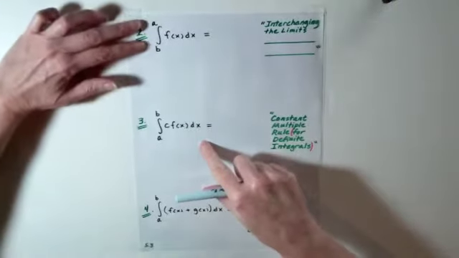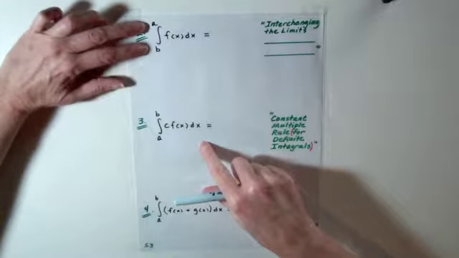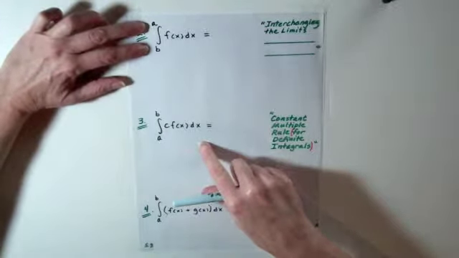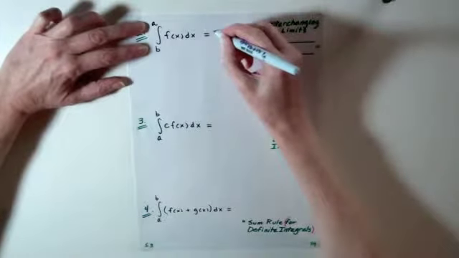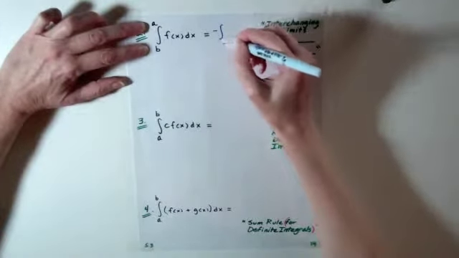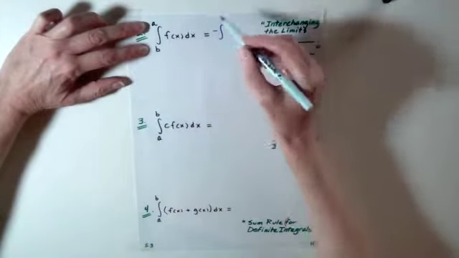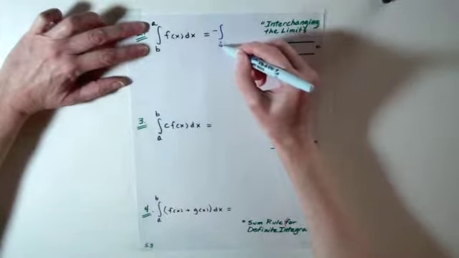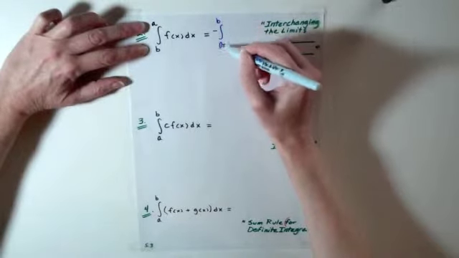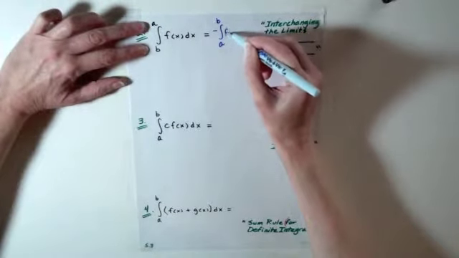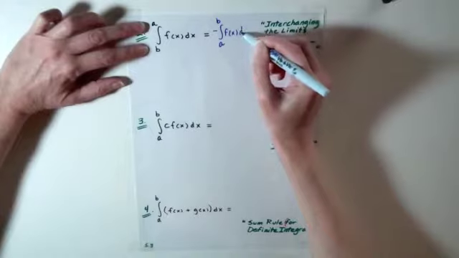It turns out that when you swap the upper and lower limits, when you interchange those two, it exactly switches the sign of the definite integral. So the integral from b to a of f of x dx is minus the integral from a to b, where we have these in their normal alphabetical order, of f of x dx.